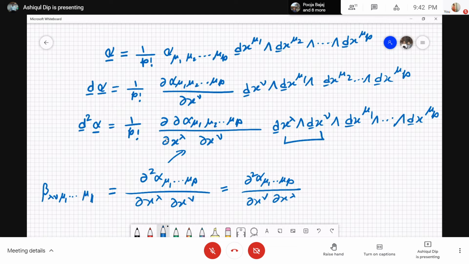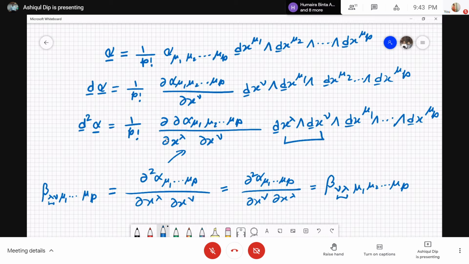And here we have seen this is just equal to beta nu lambda, then mu1, mu2 up to mu p, because we are taking the lambda derivative first, then the nu derivative. So it's symmetric with respect to the first two indices, but this whole thing is a p plus 2 form, which is completely antisymmetric with respect to any indices.